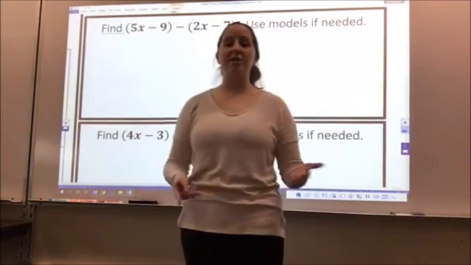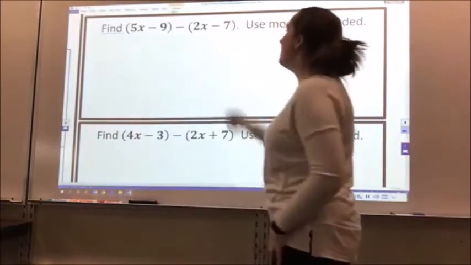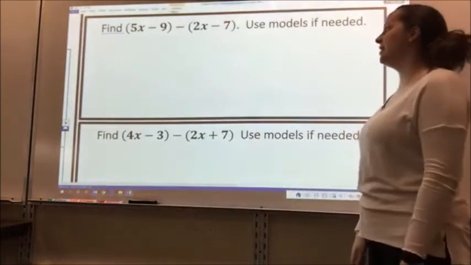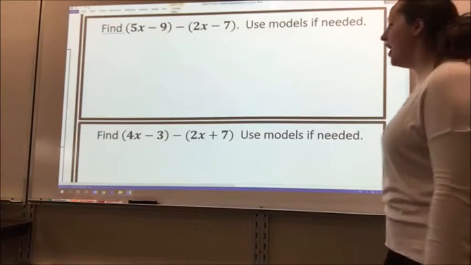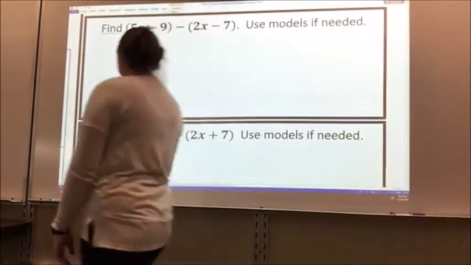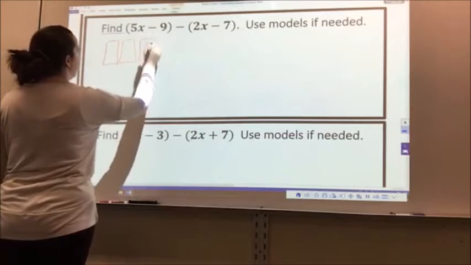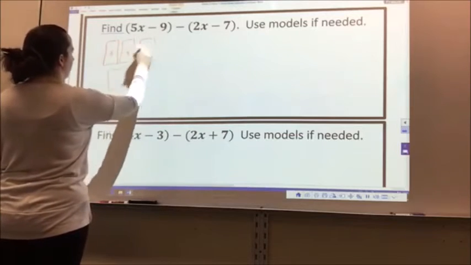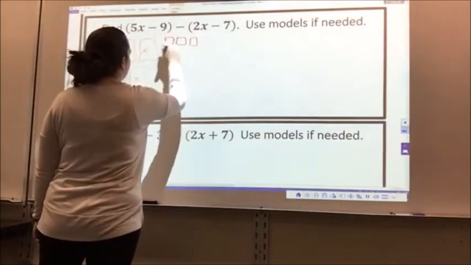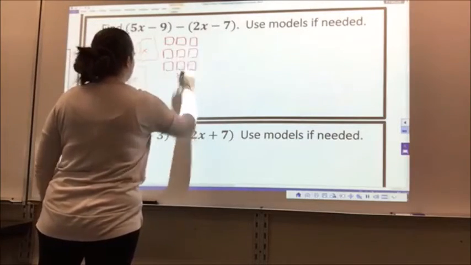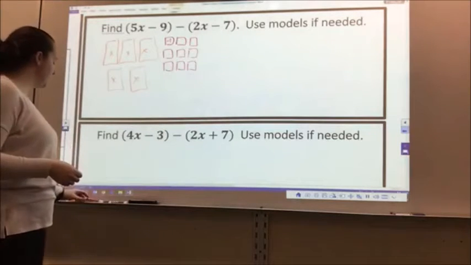Okay, now that you had a chance to try out the try it problems, let's go over the answers together. So I have find 5x minus 9 minus 2x minus 7, use models if needed. So I'm going to go ahead and use models for this one. So there's my first linear expression, 5x minus 9.